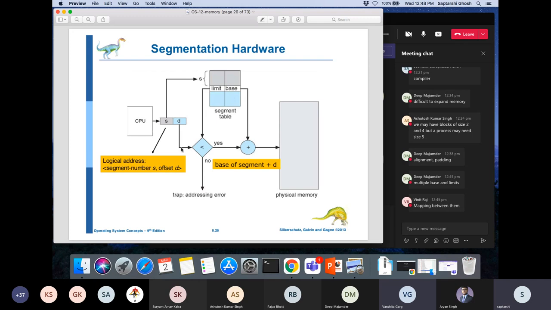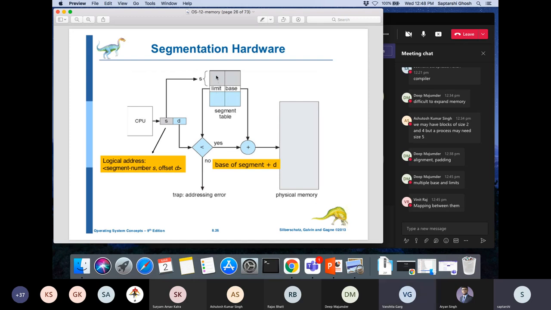So the way the mapping from this logical address to physical address takes place is as follows. This segment number generated by the CPU is used to choose one entry from this segment table. Okay. So if the segment number is say 4, that means 0, 1, 2, 3, 4, the fifth entry in the segment table wants to be accessed.